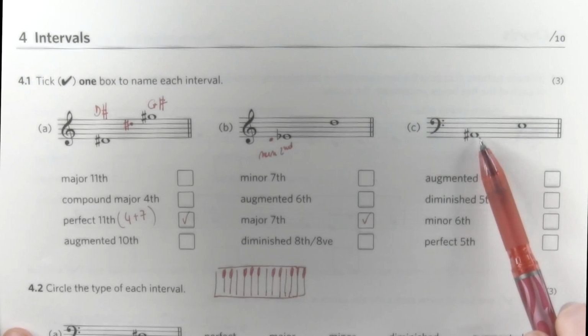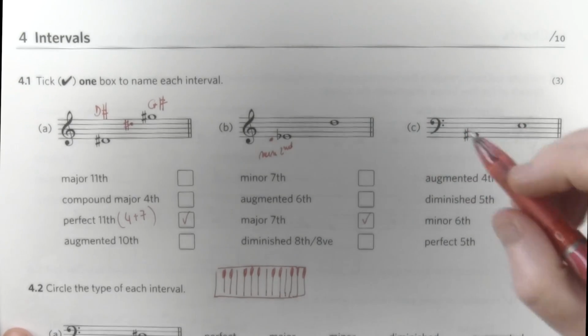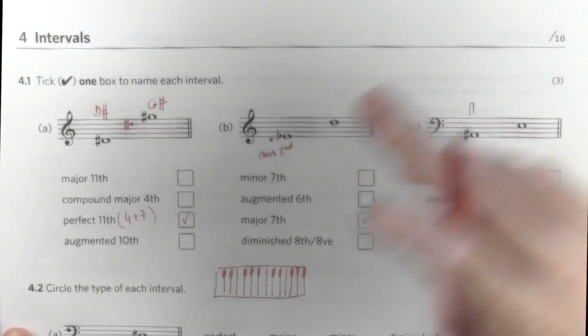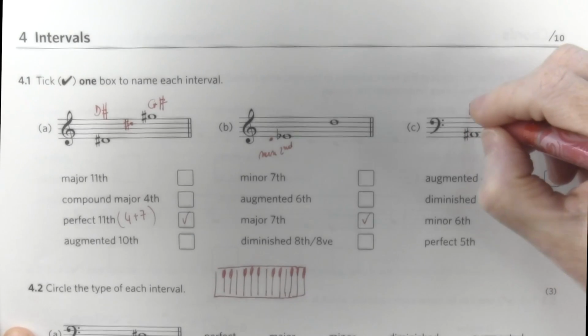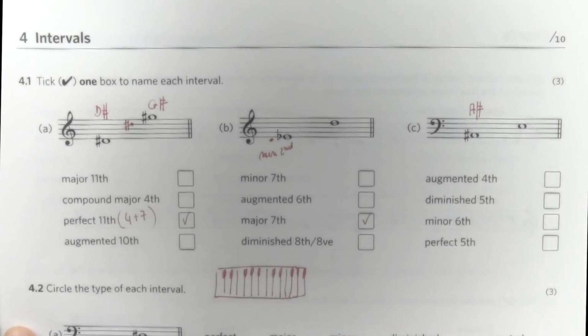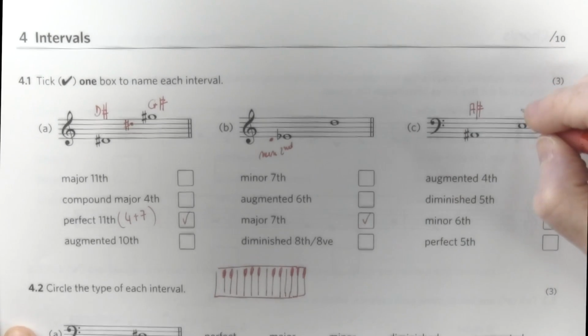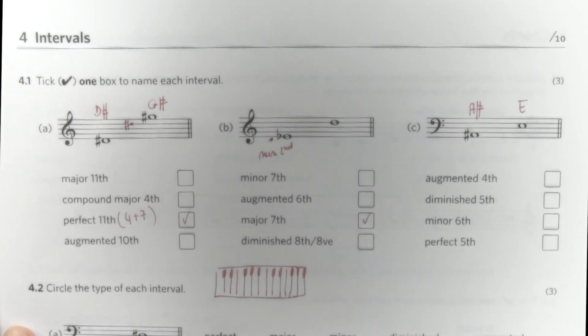Last one. This is a 5th. La sharp and Mi. It's a 5th. A perfect 5th should be 3.5 tones away.